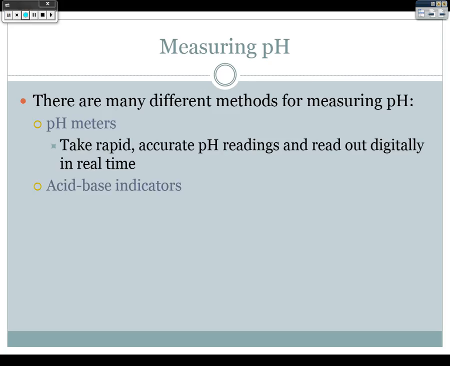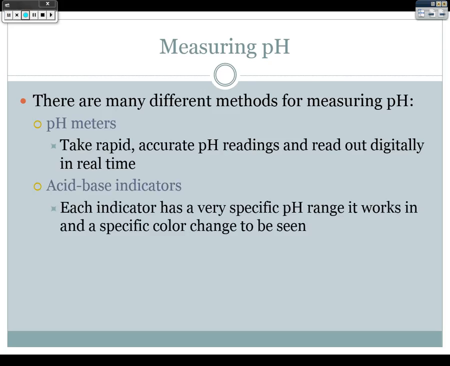You can use acid-base indicators like some of the ones that we're going to use. Each indicator, though, has a very specific pH range that it works in and a very specific color change to be seen. So if you're going to be using an indicator, you often have to know a little bit more about your experiment than if you were using a pH meter, because you have to know the correct range to be in, and you have to know what to look for.